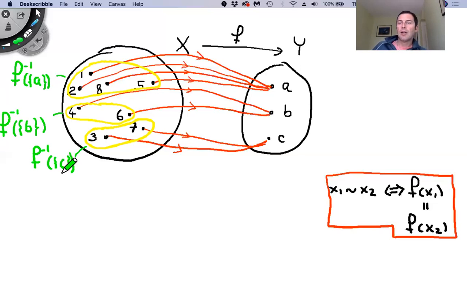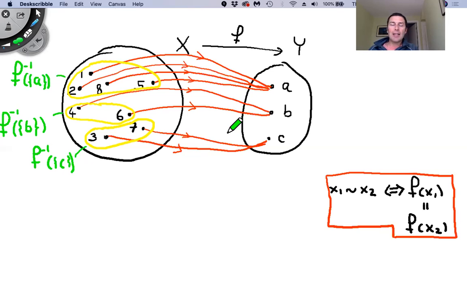Okay? And so if you remember last week, we proved that the union of the inverse images of the elements of the output set always gives all of X, and no 2 distinct inverse images intersect.